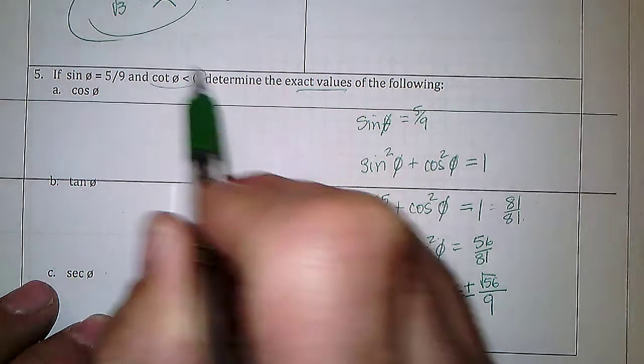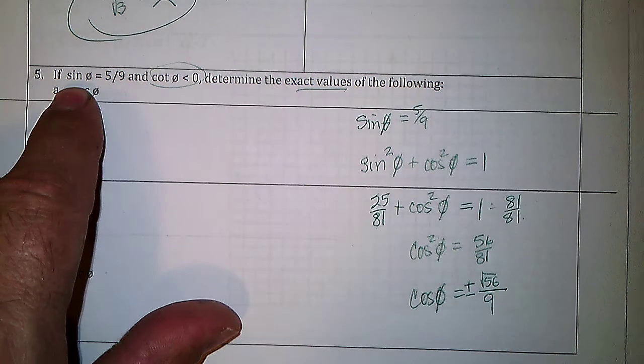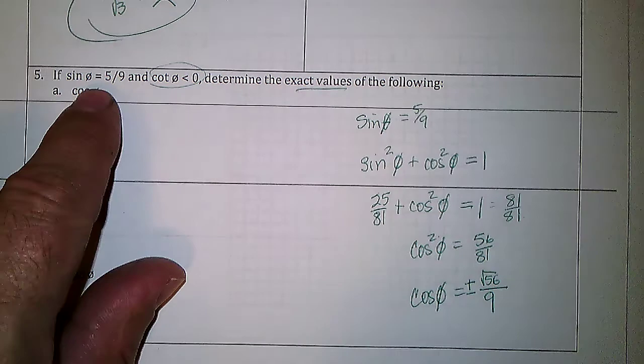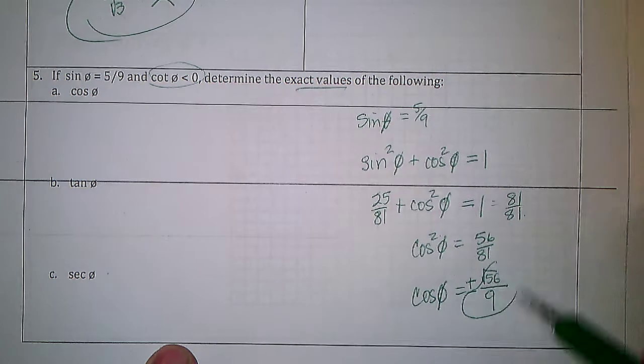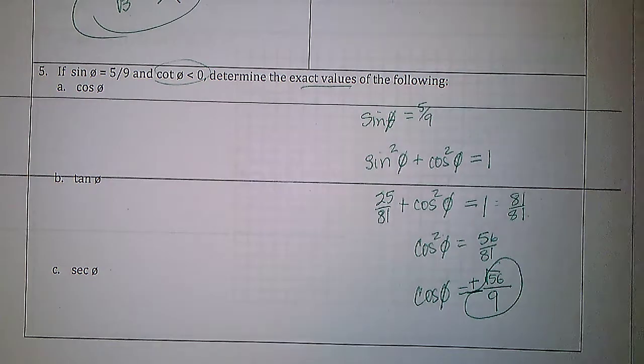They said up here the cotangent's less than 0. It's negative. If the sine is positive and the cotangent's the ratio cosine to sine, and if the sine is positive, the cosine must be negative to make the cotangent negative.